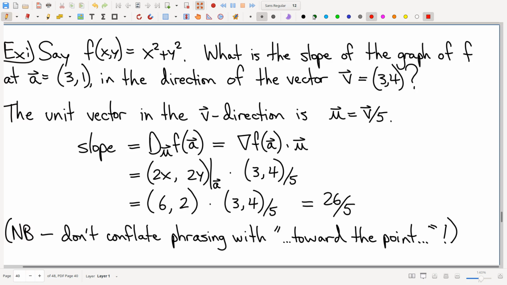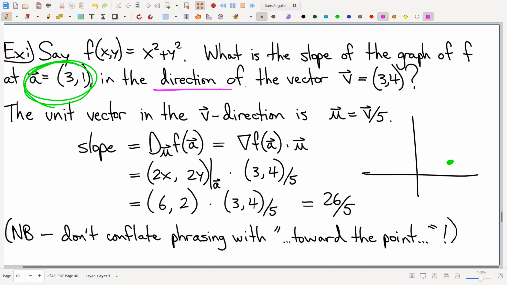So here's what such a student will then incorrectly do. The student will say, okay, we're at the point 3, 1. Fine, here's 3, 1. And when they should think in the direction 3, 4, they instead incorrectly move toward the point 3, 4, which would be here.